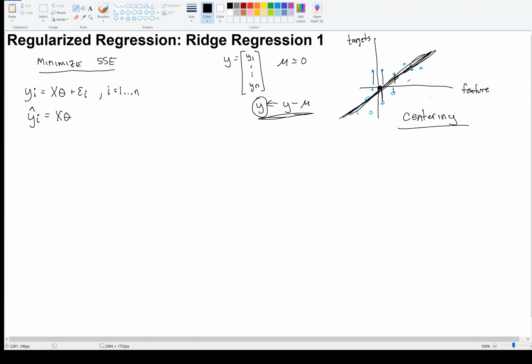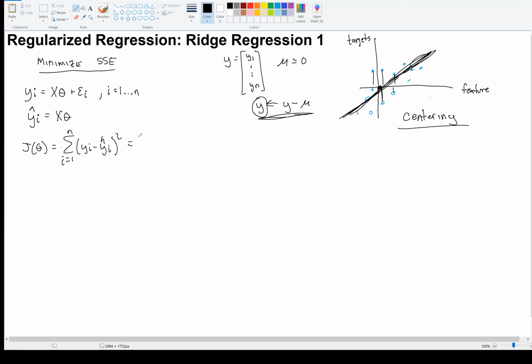All right, so how do we minimize the sum squared error? If you remember, we set up an objective function: the sum from i equals 1 to n of yi, the actual, minus the prediction, squared. That's the sum squared error, the sum of the square of the error.